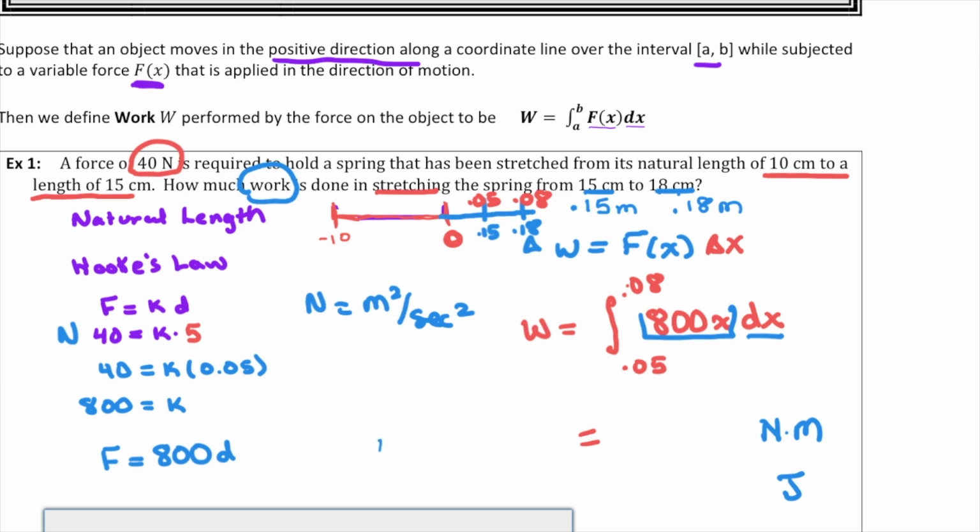Emphasis again, your slice of work in this problem is equal to F of x times delta x, where delta x is the amount or distance that each one of the slices along your axis moved when stretching that spring.